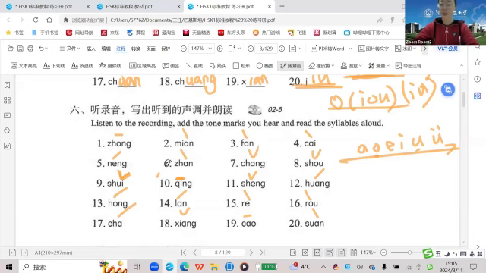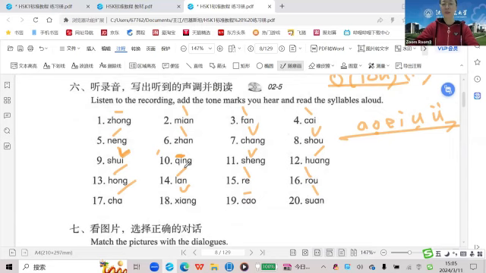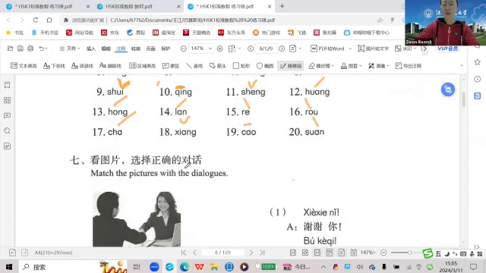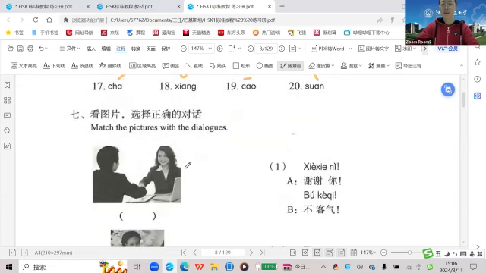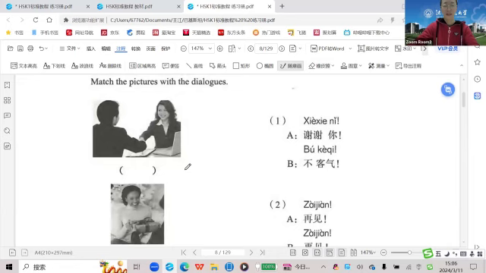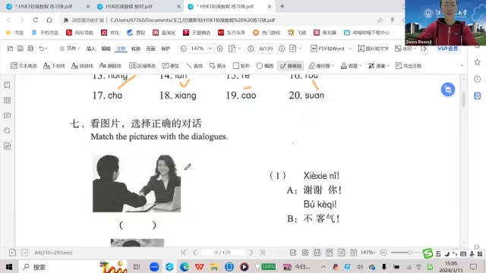If you can't, it means you didn't learn Chinese pinyin very well. You need to review the old lessons, the initials and the finals and the tones. And you should listen to the recording and read after the recordings times and times. Okay? So let's go on.